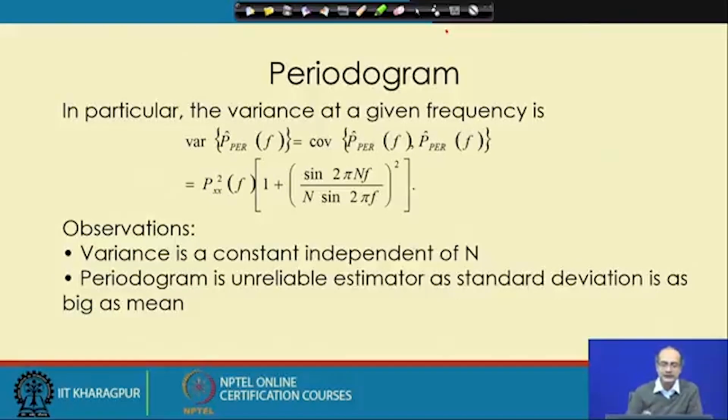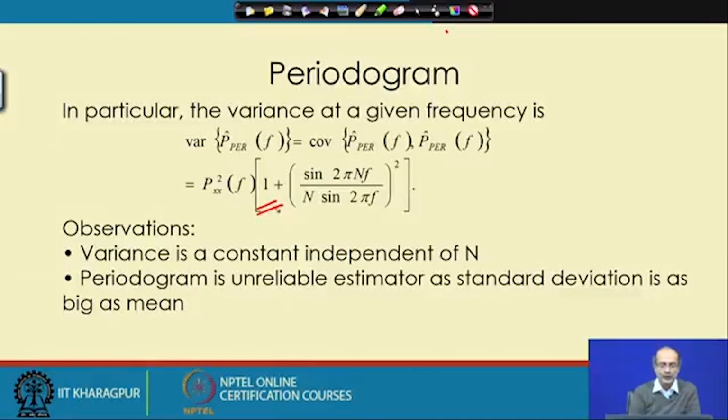Now, this however is not very good news. We were expecting that as N tends to infinity the variance should come to 0, but because of the presence of this term we cannot say that N is actually affecting this variance and it is going to 0.